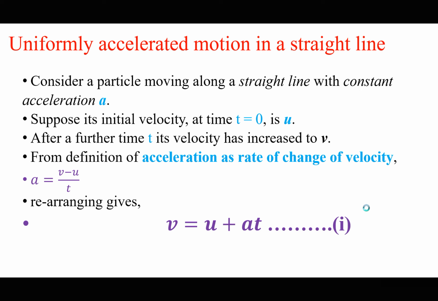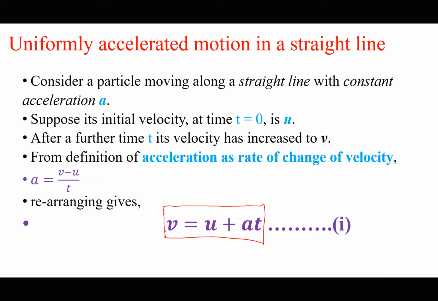And we have so far derived the first equation. v equals u plus at is the first equation of motion, or the first equation of uniformly accelerated motion, or the first equation of kinematics. That's number 1. Okay, so for starters, this is going to be the first equation of motion.